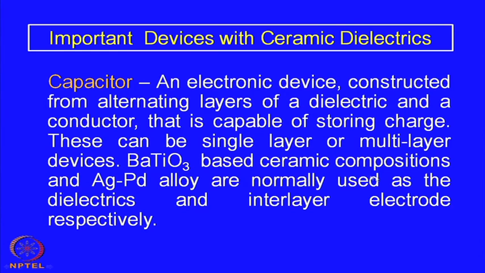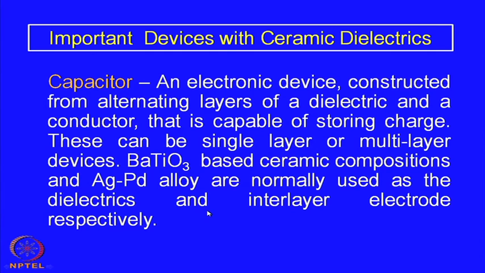Barium titanate based ceramic compositions and silver palladium alloy are normally used as the dielectrics and the interlayer electrode respectively. This is for the multi-layer capacitors. Of course, the capacitors which we have discussed so far are basically single layer, that means a single layer of insulator and two layers of metal electrodes.